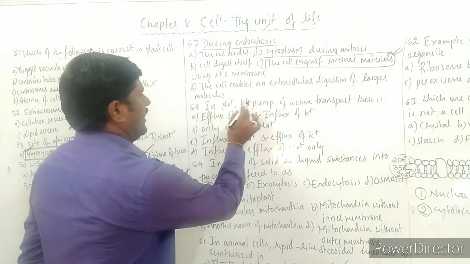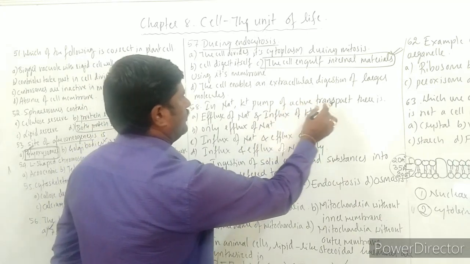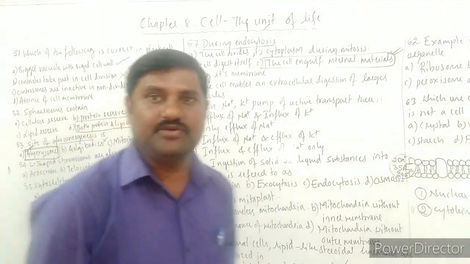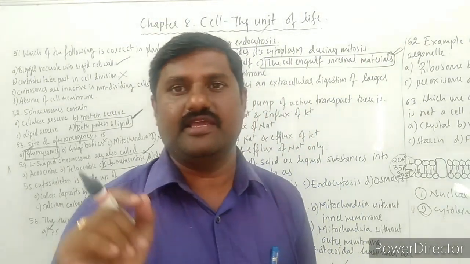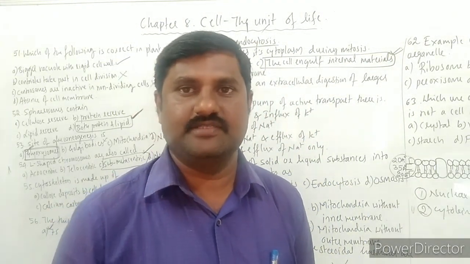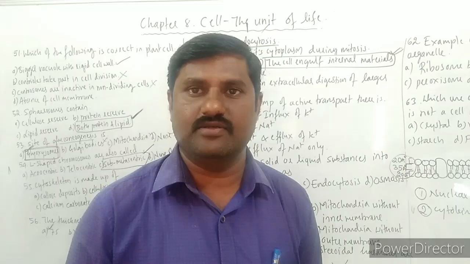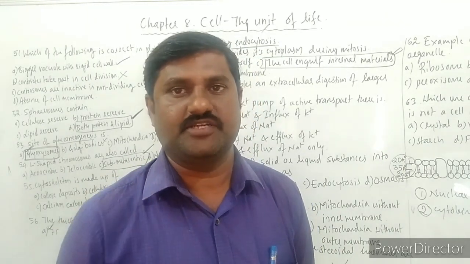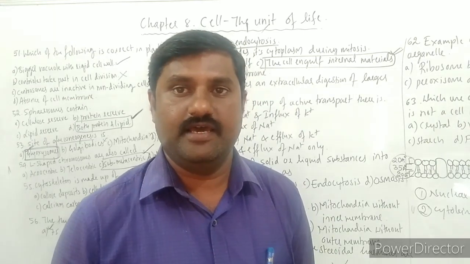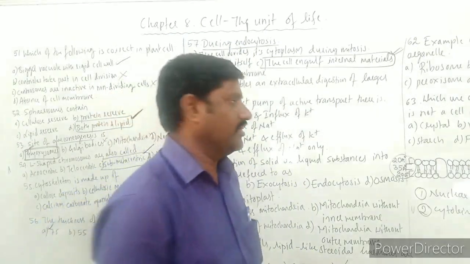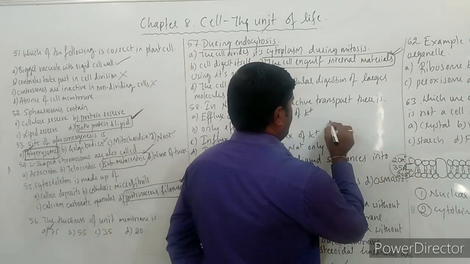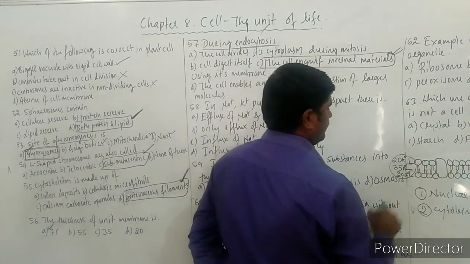Next question: in the sodium potassium pump of active transport, there is, see here, active transportation, for which I had given an example. Here there are some pumps that we come across, the sodium pump as well as the potassium pump. See here, in an antiport system, suppose this is the membrane, with a transmembrane protein.